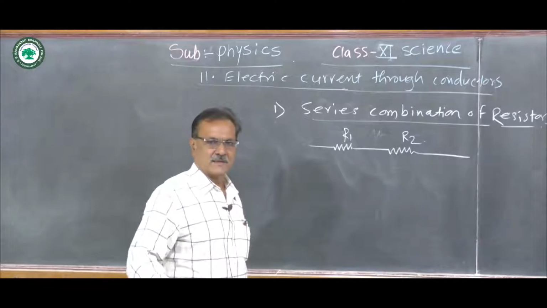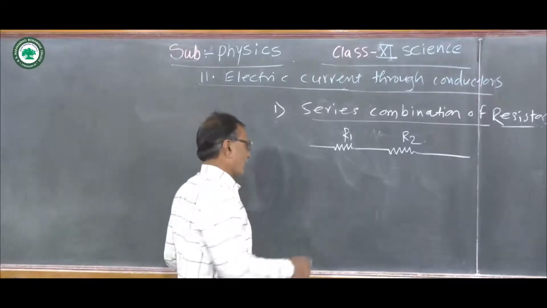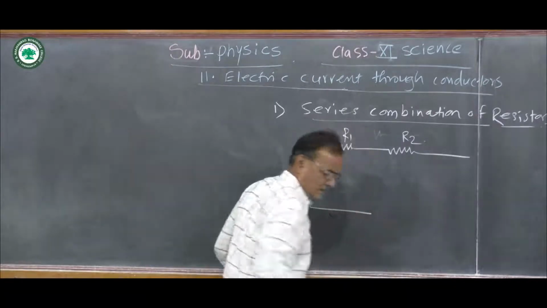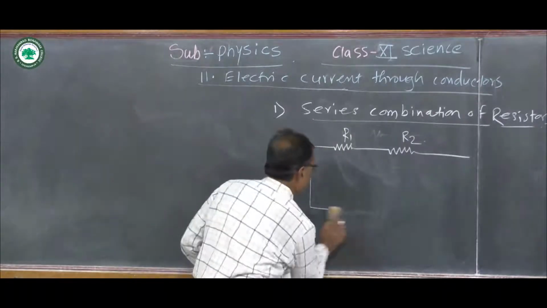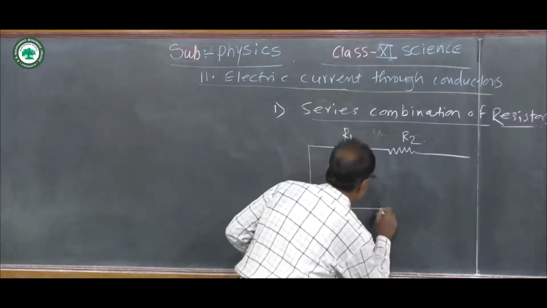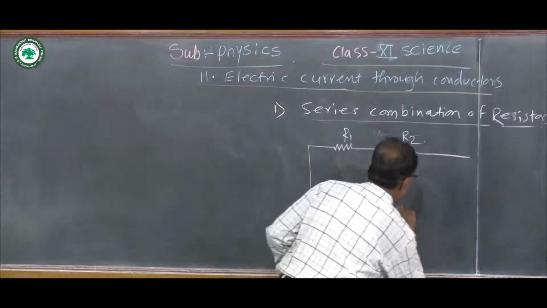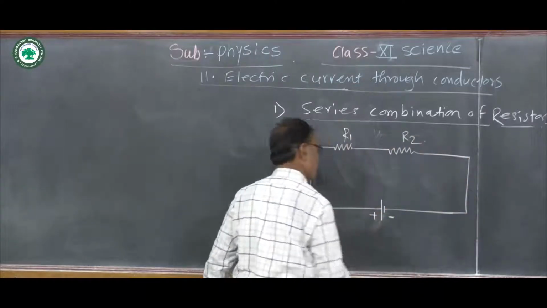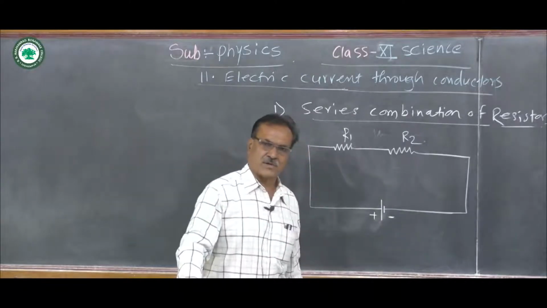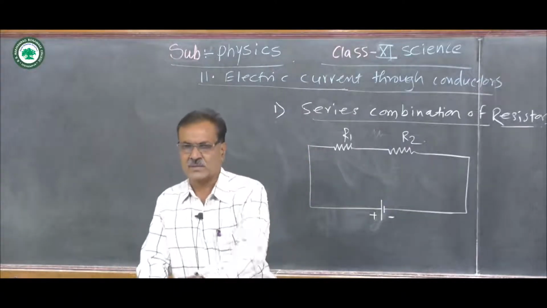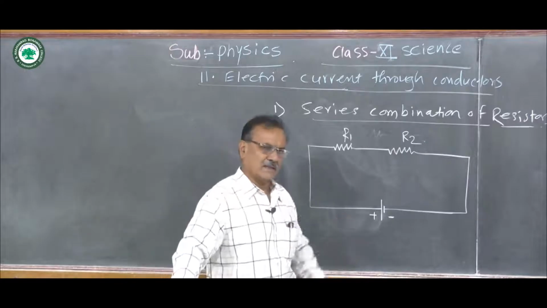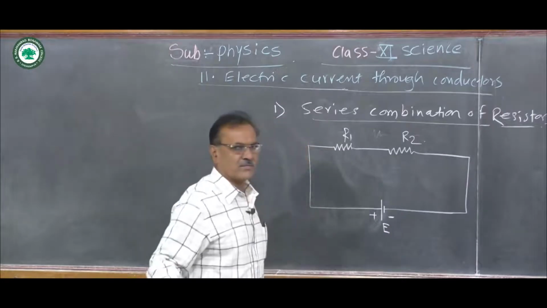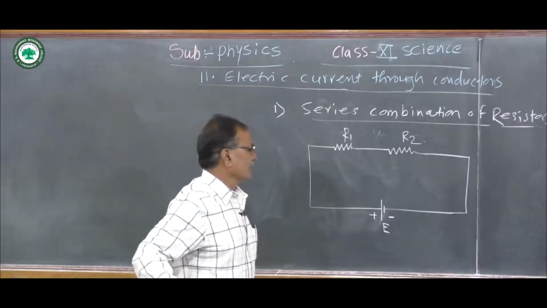Thus, here R1 and R2 are connected in series, and across this series combination, a cell, a battery, is connected. A battery consists of two terminals, positive and negative, and here is the EMF of that cell.